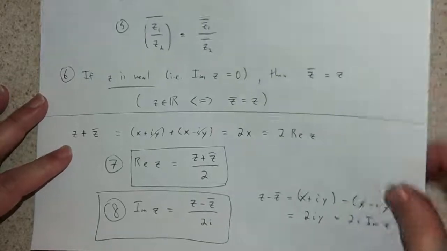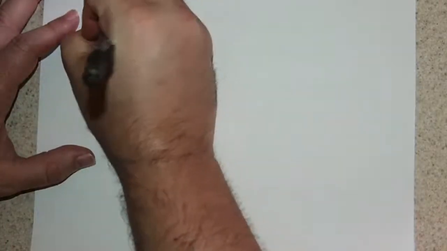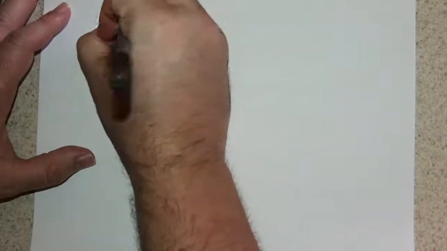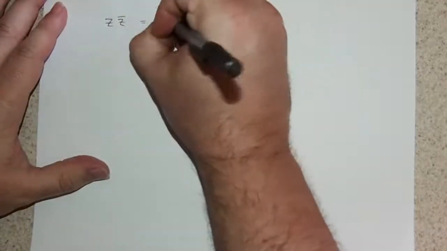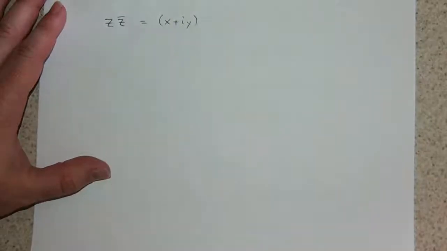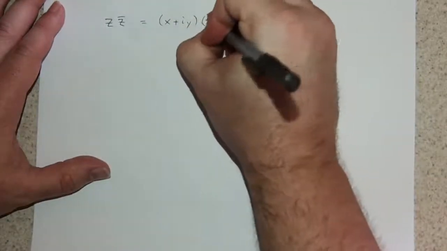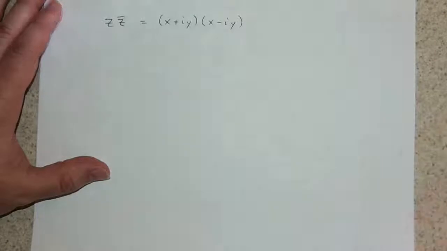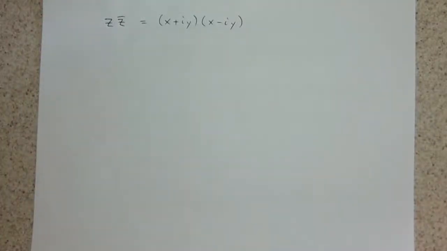So what else can we do? Well, naturally, the question you might have is, what happens when I take a complex number z and I multiply it by its conjugate? Okay. Well, let's just do this. No reason to leave it up to the imagination. I would have x plus iy times x minus iy. What do I get when I do that?